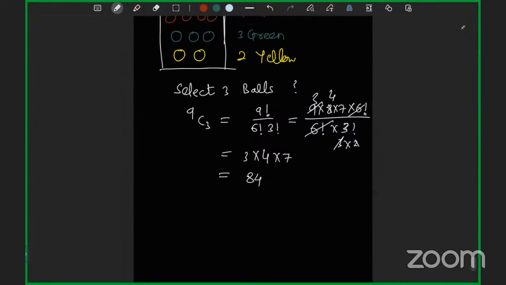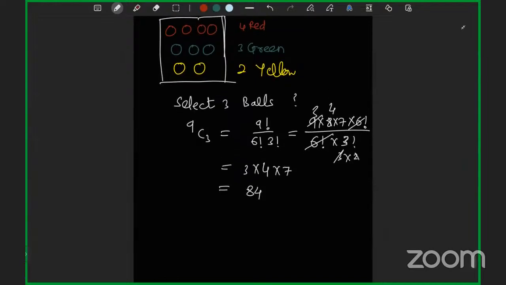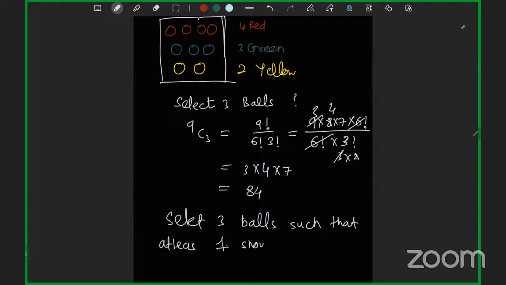Okay. And now the question is, let's say, select three balls such that at least one should be red.